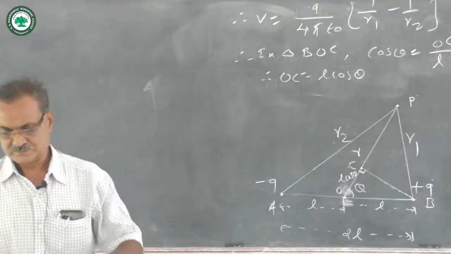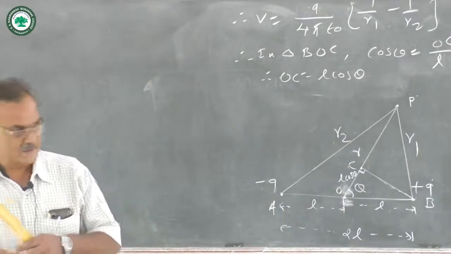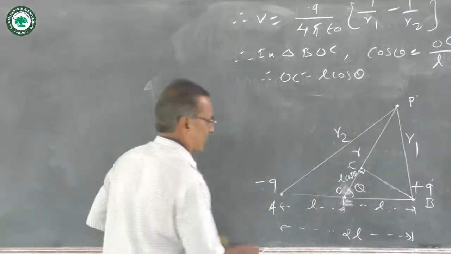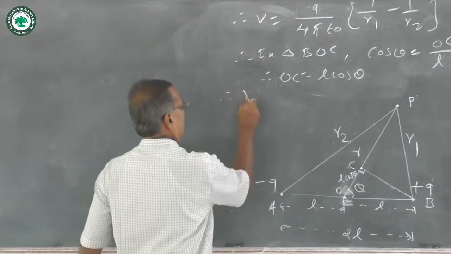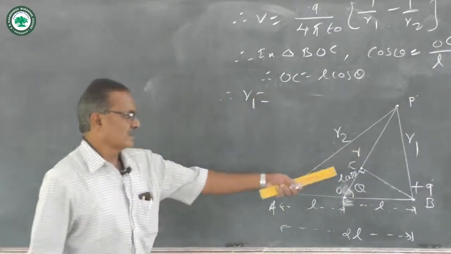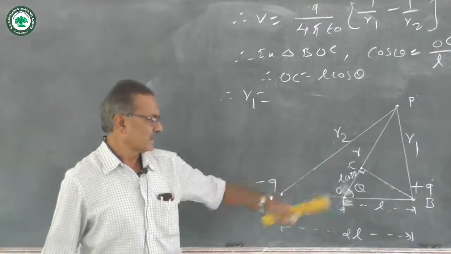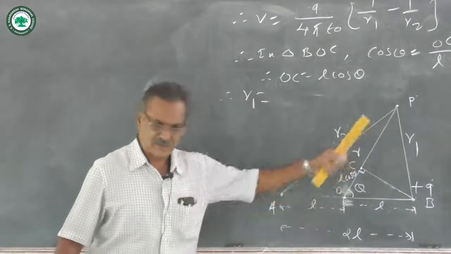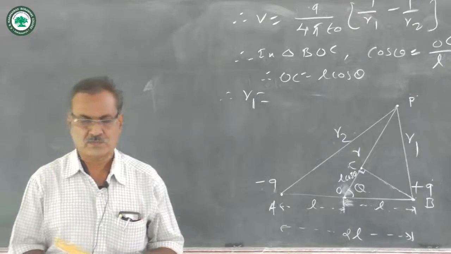Also, the distance R1 of point P from B, we can write R1 equal to OP minus OC.